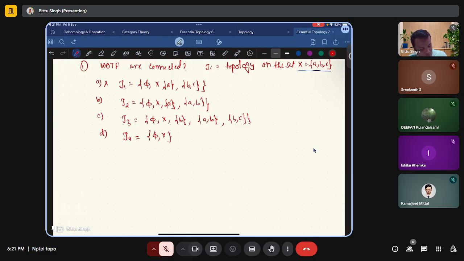So X with respect to tau 1, X with respect to tau 2, so what about the first one, is it connected?